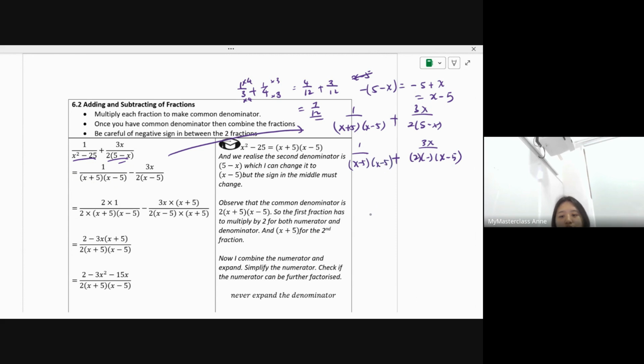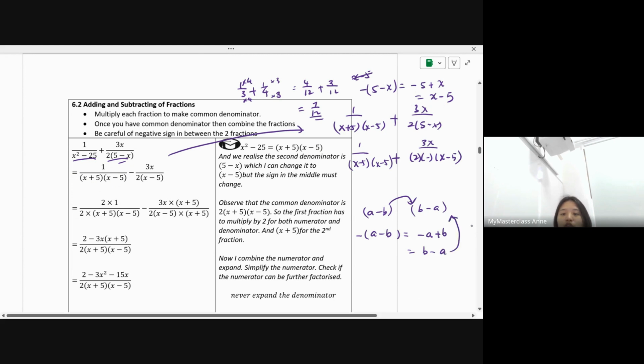If I have a minus b and b minus a, to make them equal I put a negative in front: negative a plus b equals b minus a. So just put a negative sign in front, then your signs will flip. Okay for you?